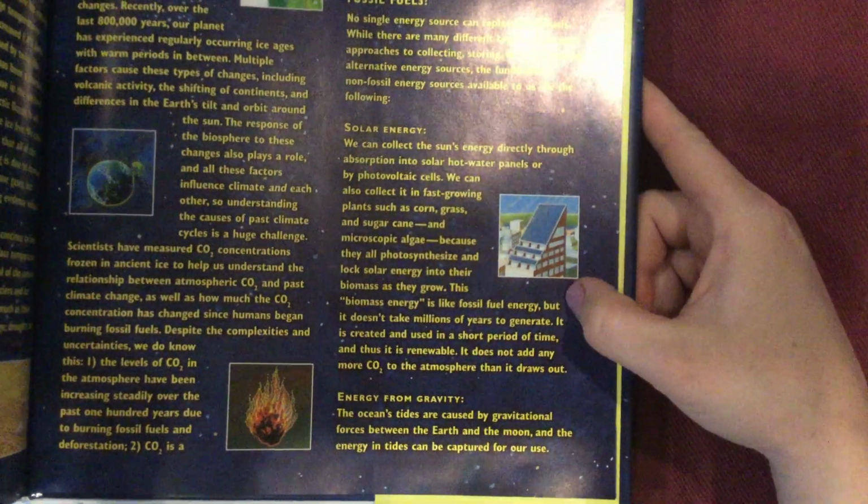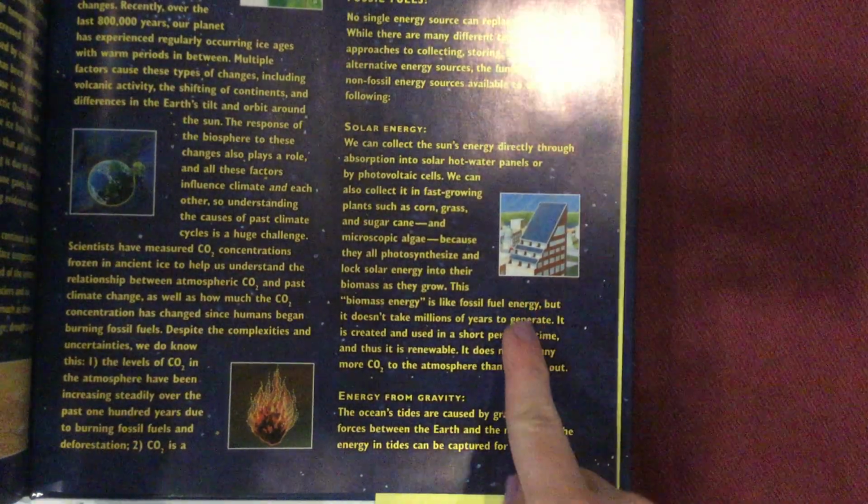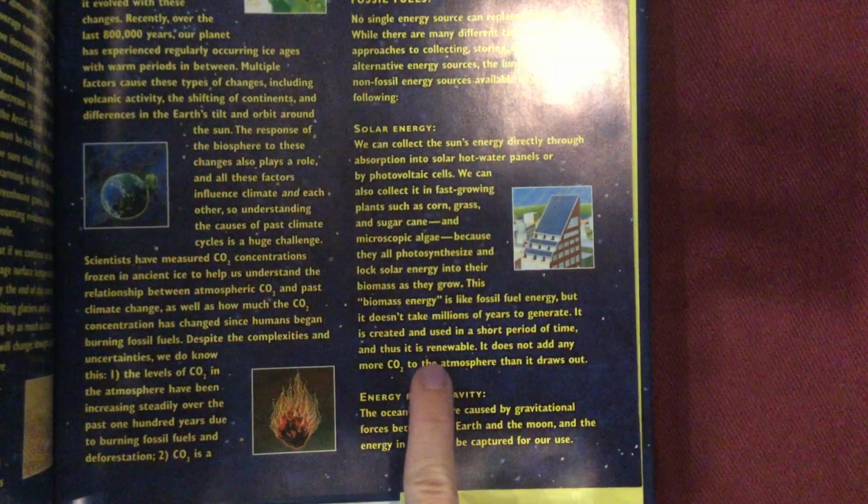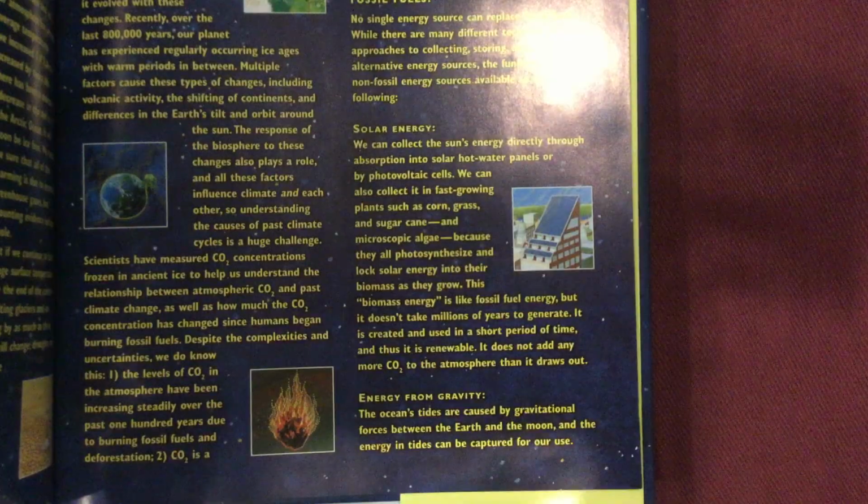This biomass energy is like fossil fuel energy, but it doesn't take millions of years to generate. It is created and used in a short period of time, and thus it is renewable. It does not add any more CO2 to the atmosphere than it draws out.